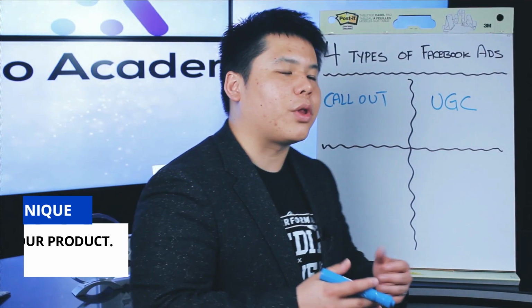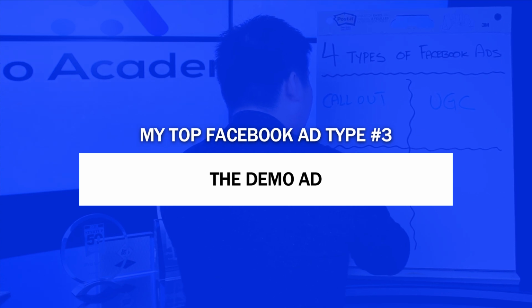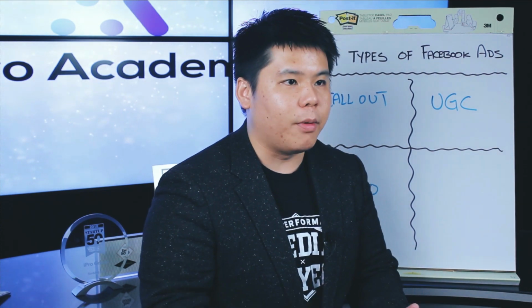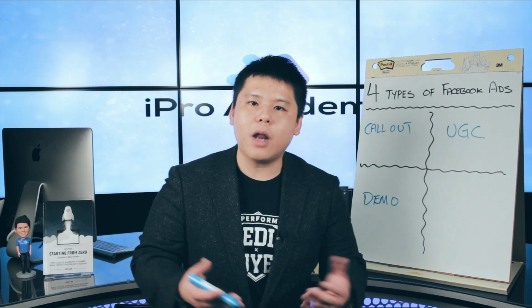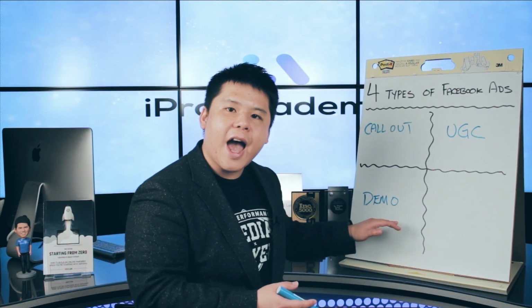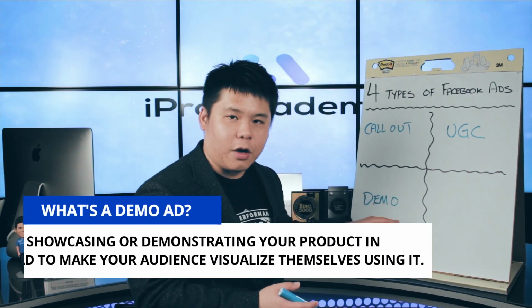Now, type number 3, I call it the demo ad. If you have a software or if you have a product that solves a problem, or if you have a nice piece of jewelry, you want to demonstrate the product in your video.